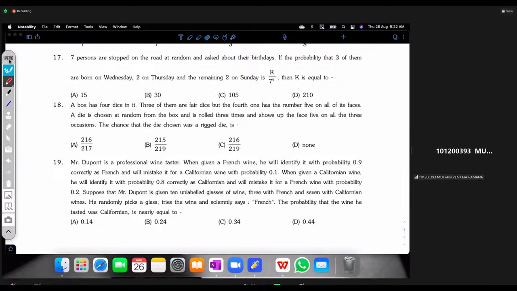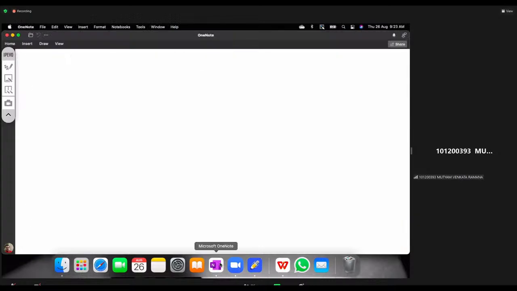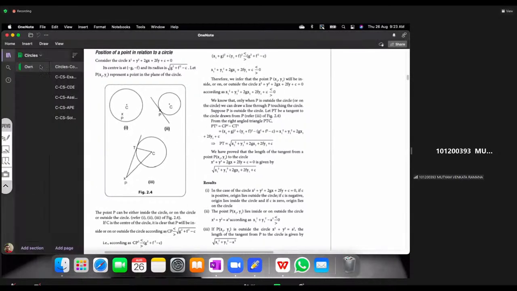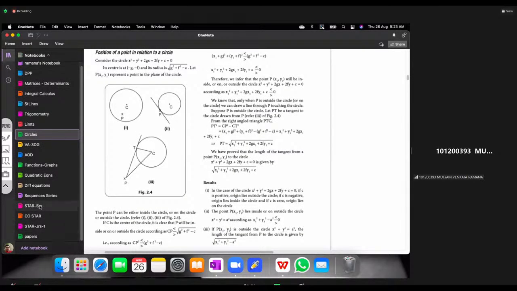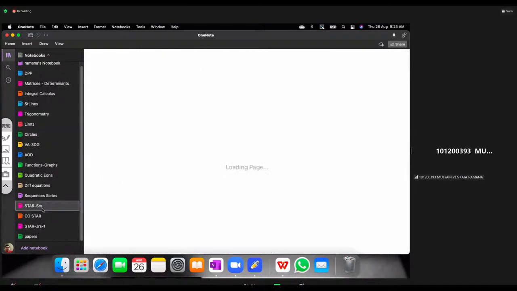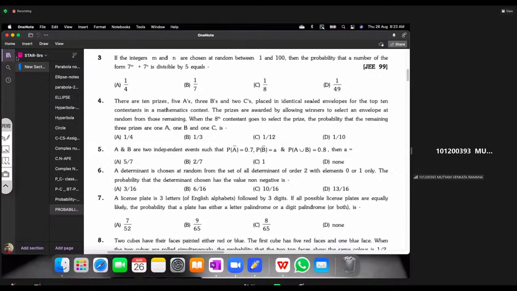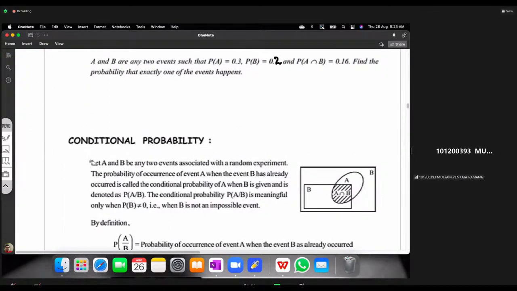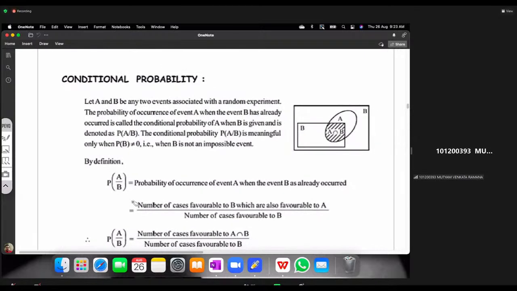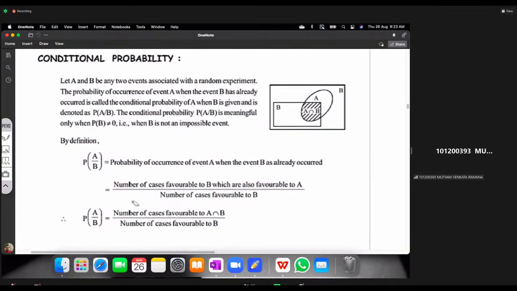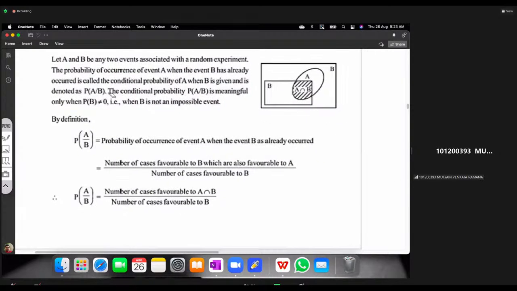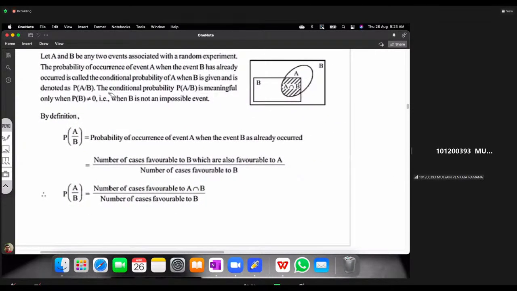Let me go for the conditional probability part now. I think we stopped yesterday at that position only, right? At the conditional probability. We stopped at what is the conditional probability. Let A and B be any two events associated with the random experiment.